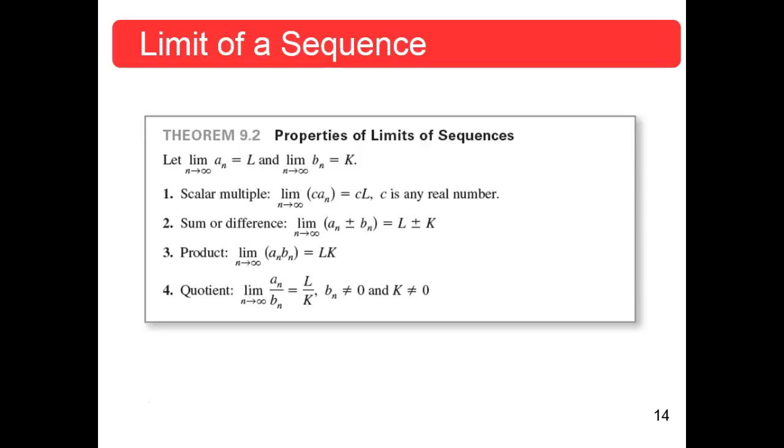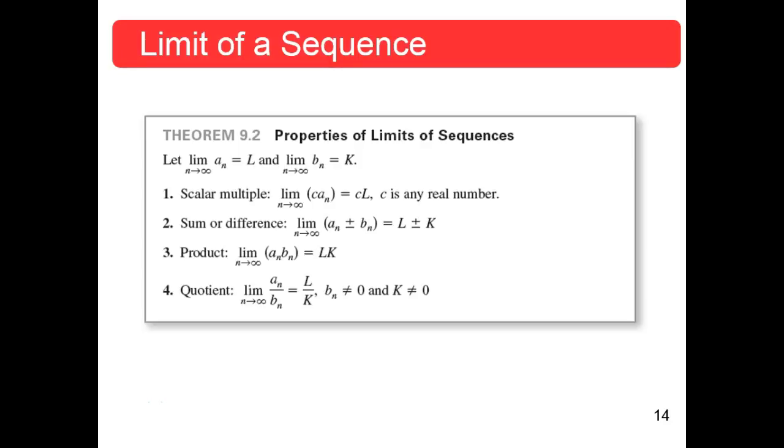Now our product. The limit as n approaches infinity of a sub n multiplied by another sequence is going to be the product of the sequences. So the limit of the product of the sequences is the product of the limits of those sequences. And quotients, same type deal with one little exception.